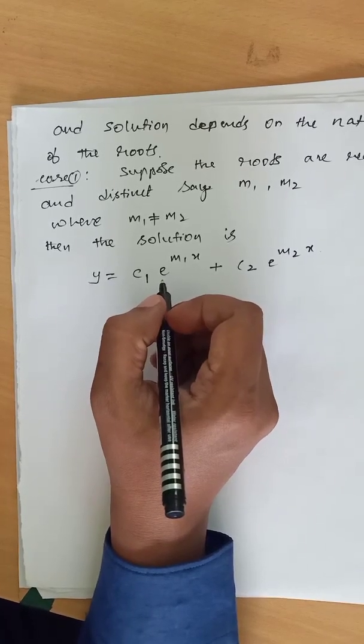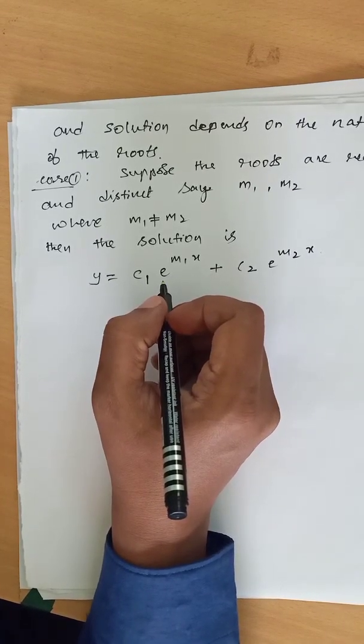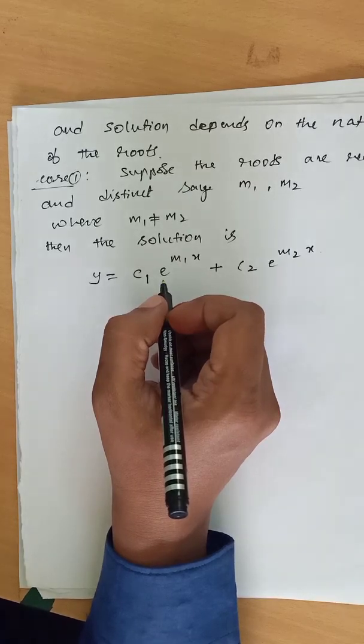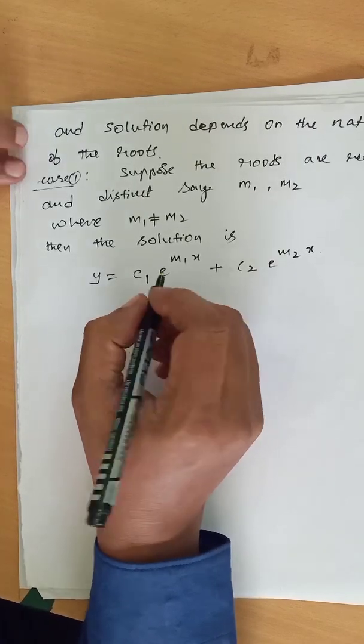I repeat, the solution depends on the nature of roots. We have three types of roots. One is real and distinct, number 2 real and equal, number 3 complex form.